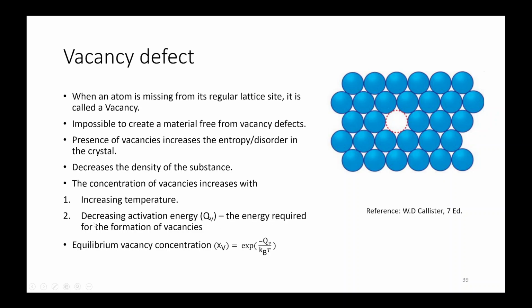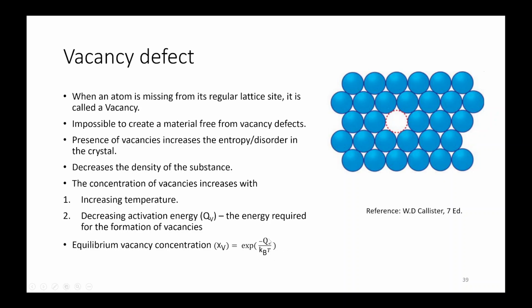The energy required for the formation of vacancies depends on the melting temperature. The equilibrium vacancy concentration Xv can be given as exponential of minus Qv, which is the activation energy, divided by kB, the Boltzmann constant, times T, the temperature.